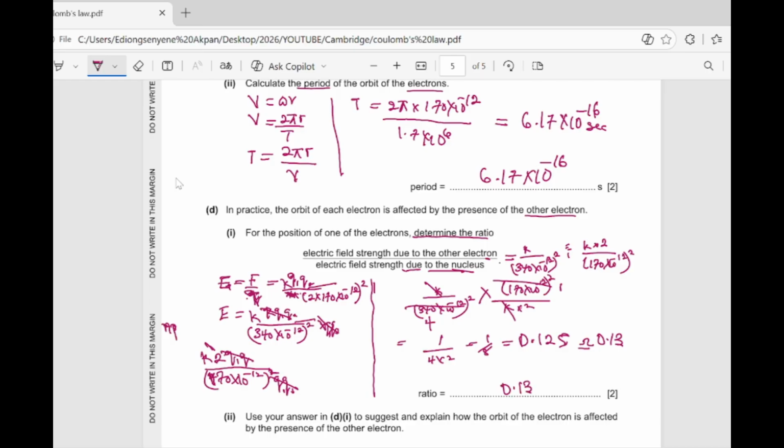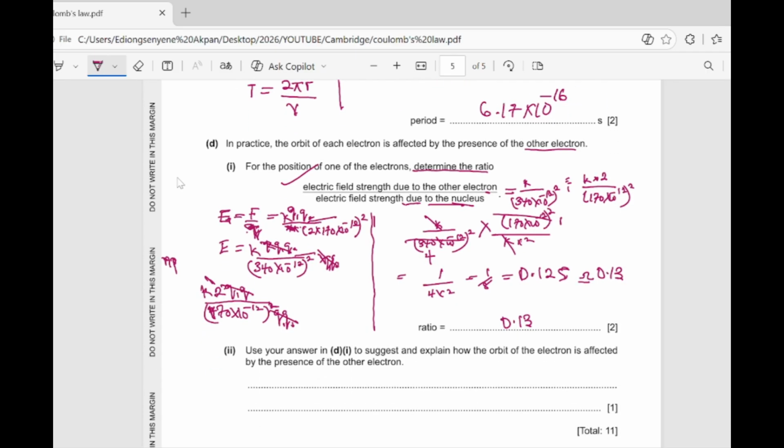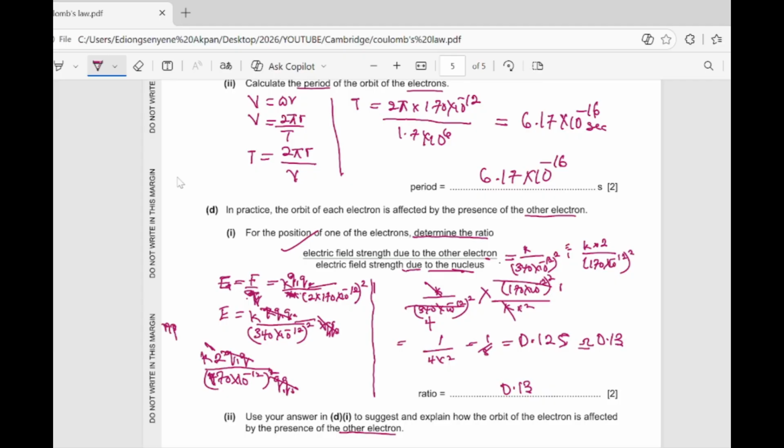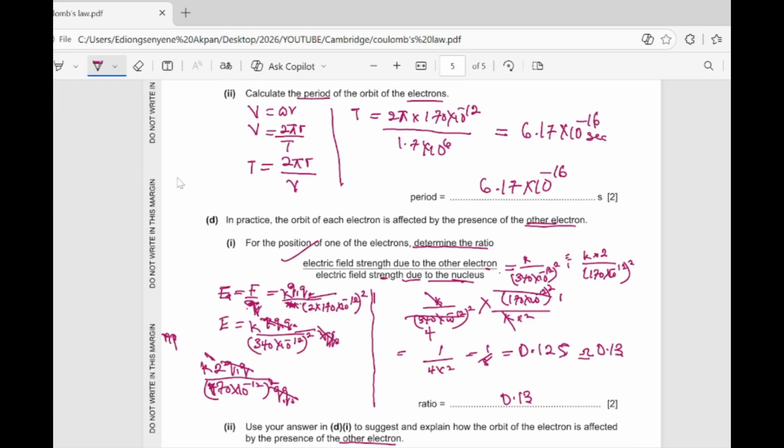Take note of this. Once you understand the electric field strength, you can now put the maths part of it to get it right. Use your answer in (d)(i) to suggest and explain how the orbit of the electron is affected by the presence of the other electron. Here, we are told that in practice, the orbit of each electron is affected by the presence of another, meaning there is another force that will act.